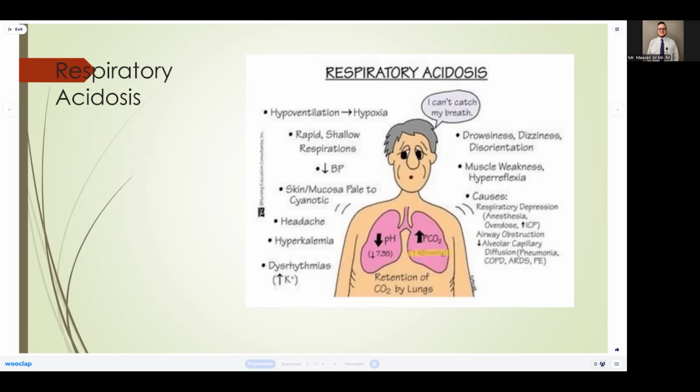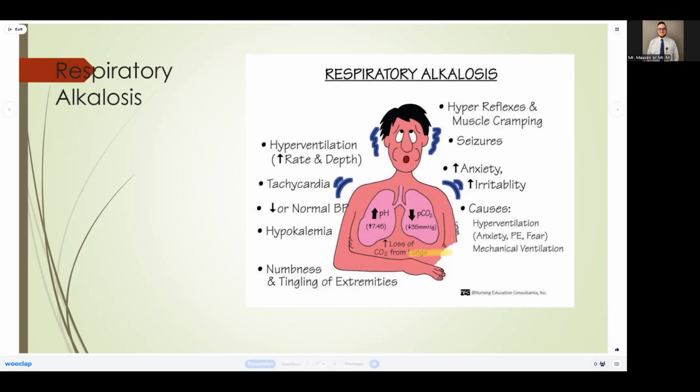Then I just have to determine if it's acidosis or alkalosis. If the CO2 and O2 levels look pretty standard, but we have a pH imbalance, it's probably metabolic. If it's not talking about the lungs, you can probably guess it's not a respiratory type of acid-base imbalance.